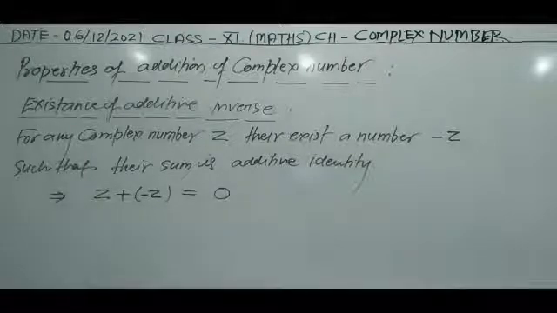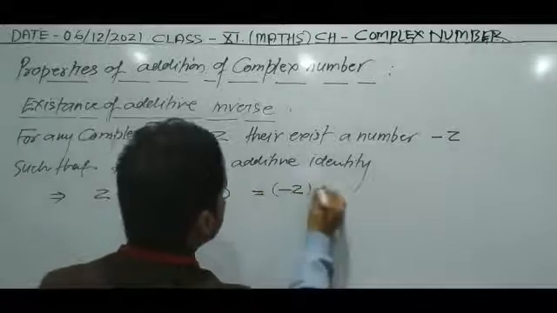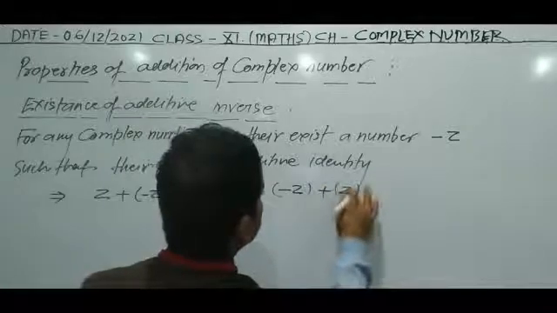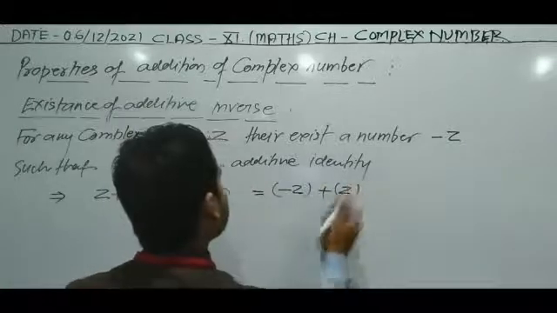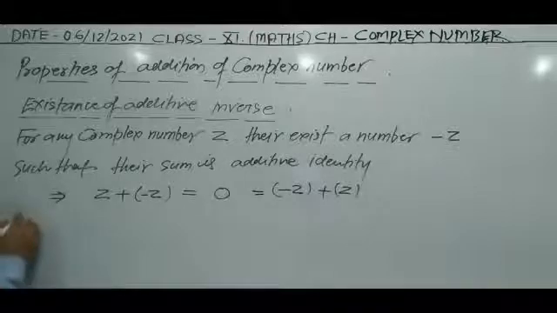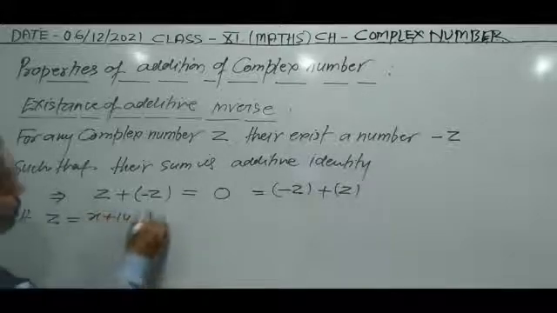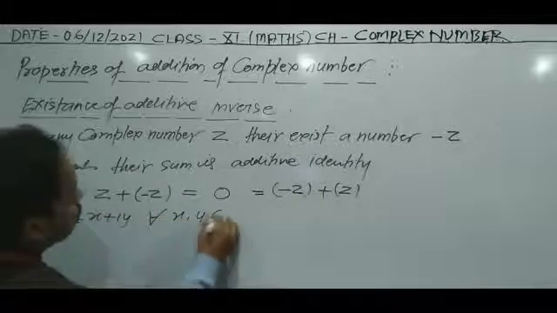And this one we can also write as minus z plus z. So see, let z is equal to x plus iy for all small x, small y belongs to real.